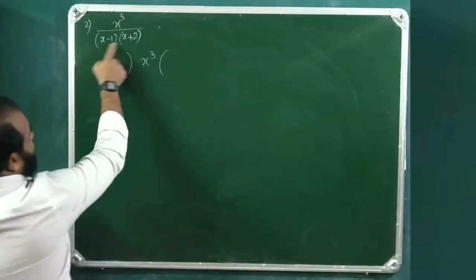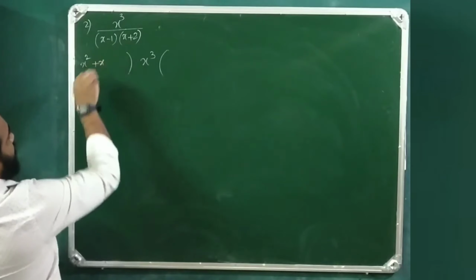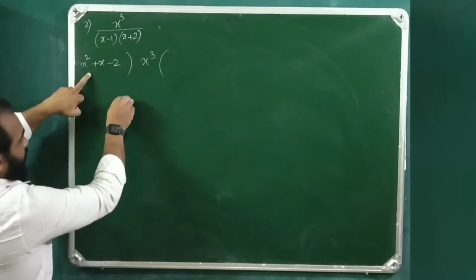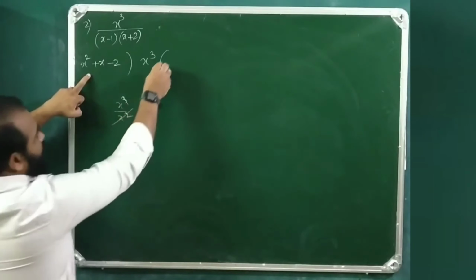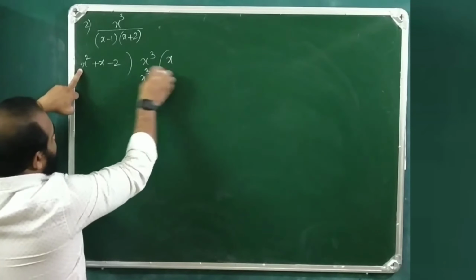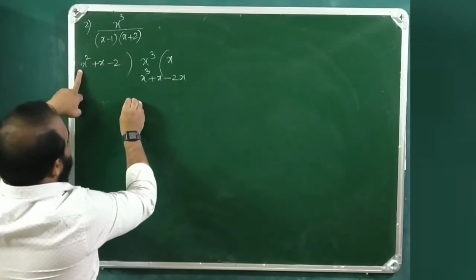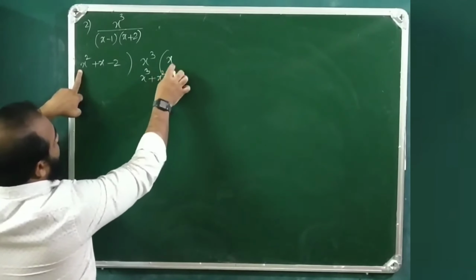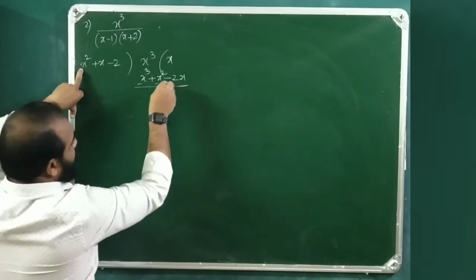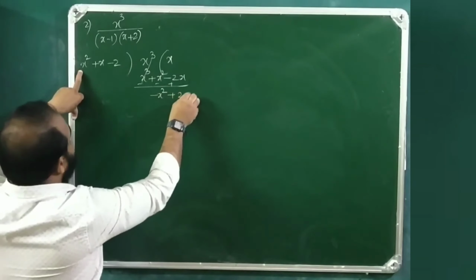Now this is x into x square, x into 2 is 2x, minus x, so plus x, minus 1 into 2 is minus 2. So x cube by x square, so x times x into x square is x cube, x into minus 2 is minus 2x. So subtraction. So this is minus x square plus 2x.